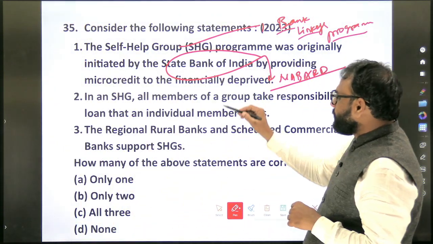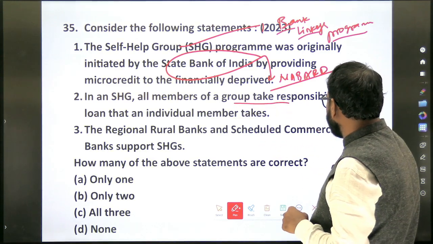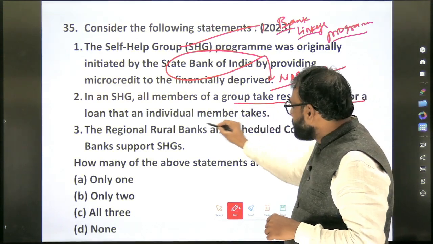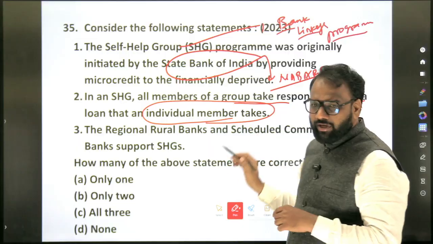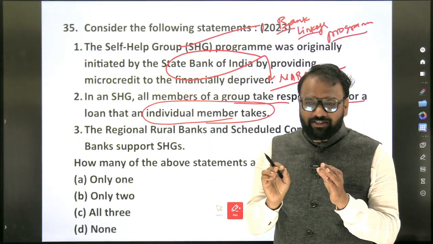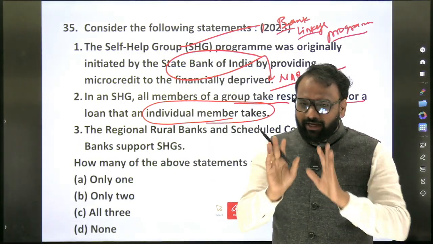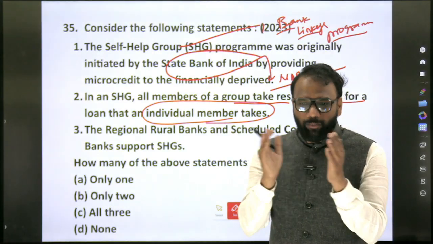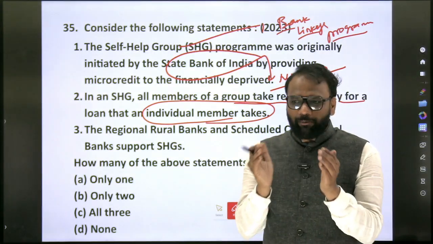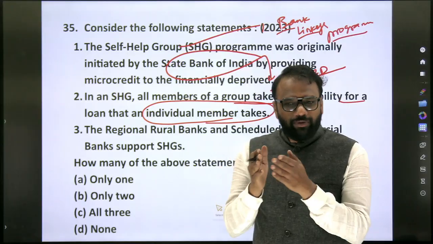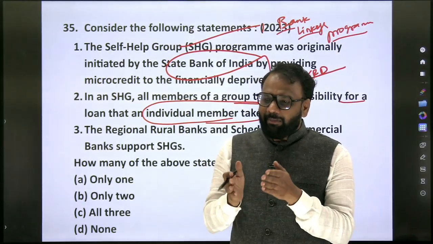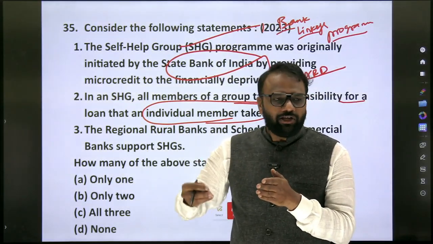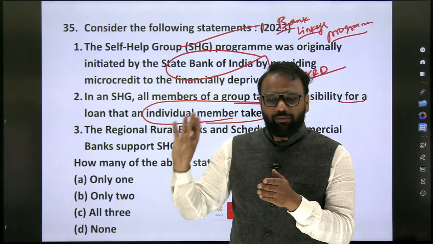Next, in a self-help group, all members of a group take responsibility for a loan that an individual member takes. Okay. So here the individual member will not go to a bank and take the loan. Now, if the bank gives, let's assume, a 10 lakh rupee loan, to whom? To the self-help group. So internally they will divide the money. One of them will manage it, and whoever requires money, they will give the money, and some interest rate will also be charged.